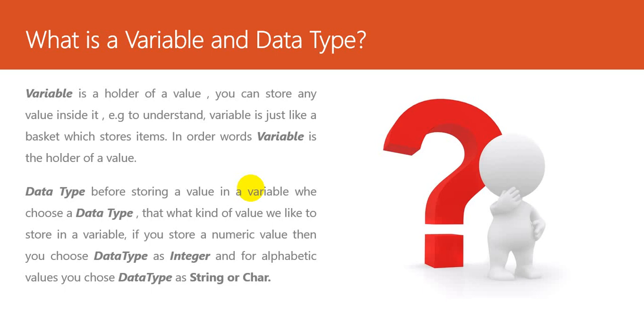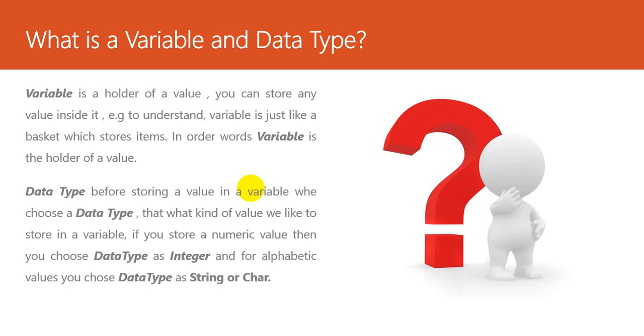Basket is a variable. We can put some items inside it, so it holds some items. Similarly, in C Sharp we use variables in different places and different scenarios to hold the values. There are different types of values, which have many data types, which store the values according to the data type.